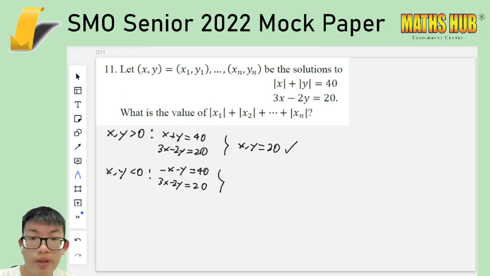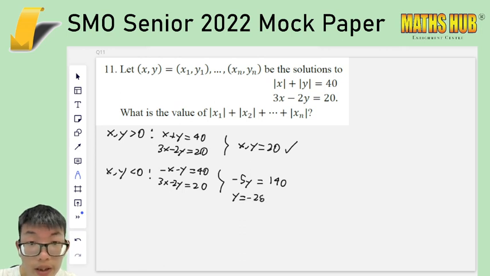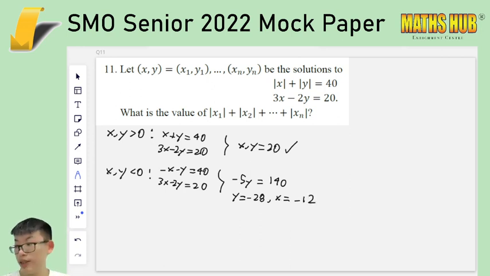That gives me, I think I need to write this one down, negative 5y is 140, so y is negative 28, but this will give me a positive value of x. Okay, so does it give me a positive value of x? No, it gives me negative 12, right? So okay, so it does give me a valid solution.